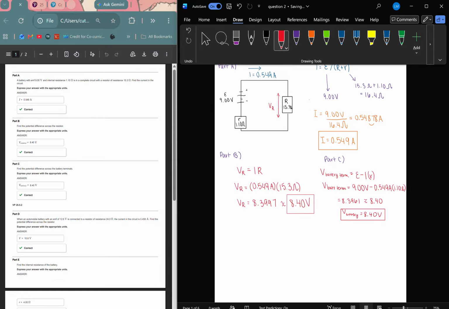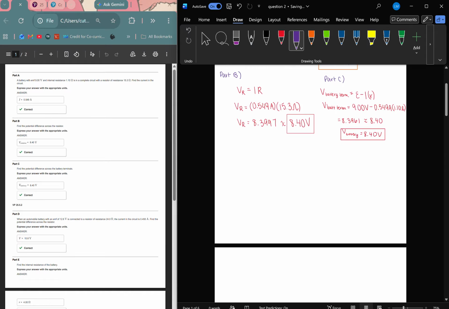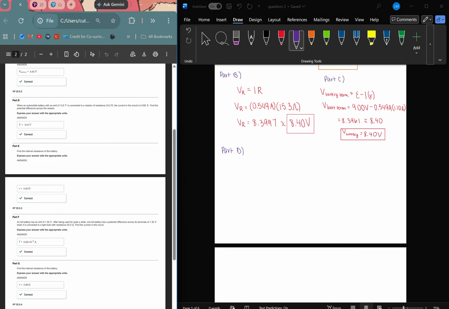So let's do part D. For part D, this is a separate question, so we have to make a new diagram. Let me read the question.